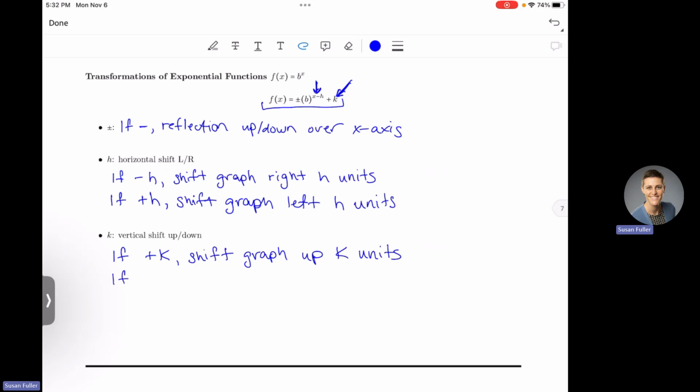And if you have a minus k out there, you're going to shift your graph down by k units. Just the way that you think it's going to work, and that's going to stay consistent with all of our programming from before.